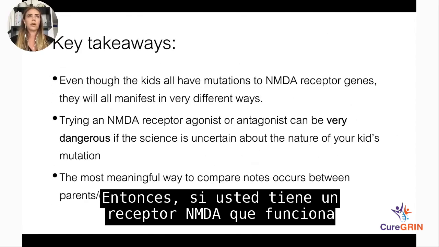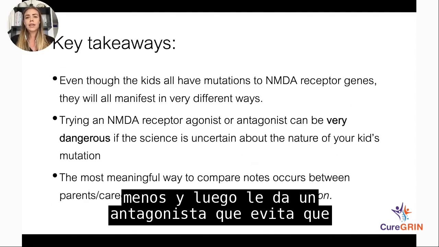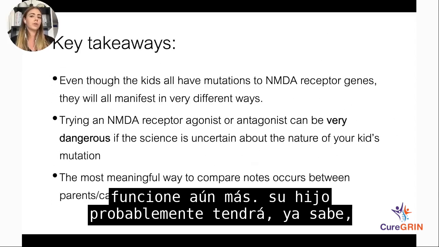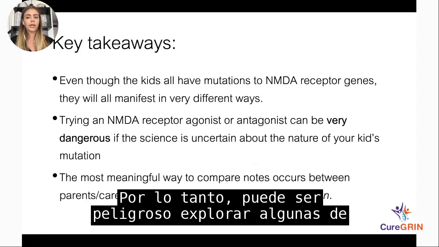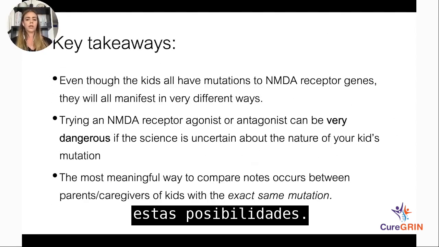If you have an NMDA receptor that's functioning less, and then you give them an antagonist, which prevents it from working even more, your child will probably have even worse seizures. So it can be kind of dangerous, actually, in exploring some of these possibilities.